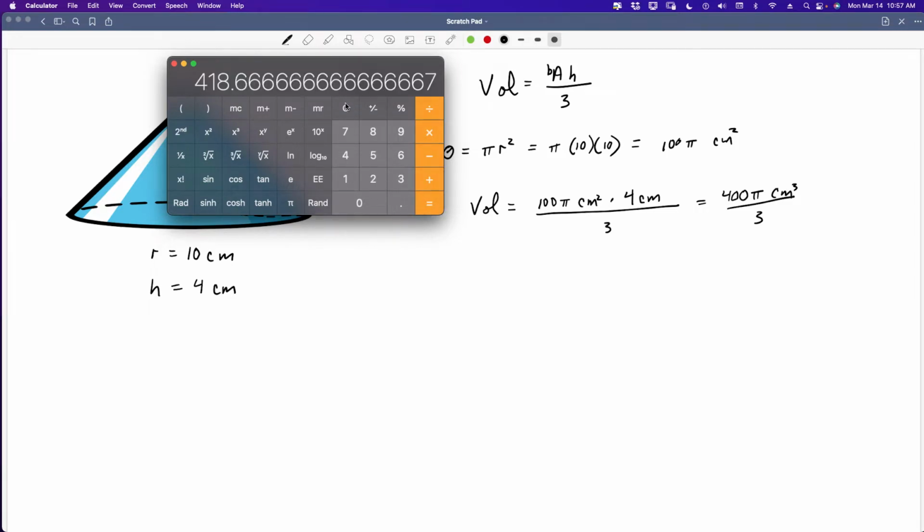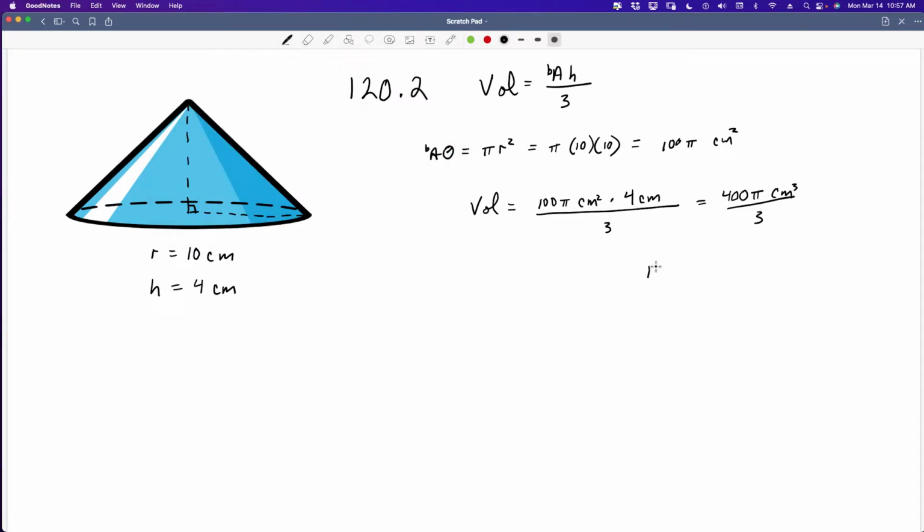We still get a repeating decimal. So it doesn't really matter. So 133 with a repeating decimal of 3. So let's write that. 133 with a repeating decimal times pi centimeters cubed. That is the volume of this cone.